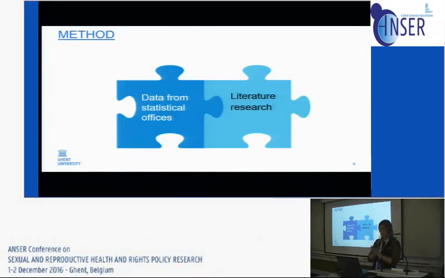First of all, we did literature research, but next to that we also contacted different statistical offices and asked them about the different kinds of information that we could have access to. For example, can we have access to data about ethnicity, just to know what's possible and what is not.